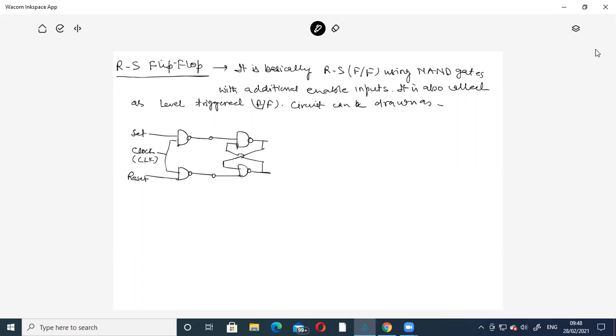This is Q. Here it is Q bar as the output. Q and Q bar as the output.